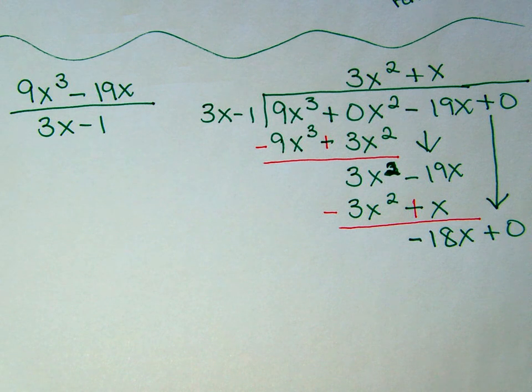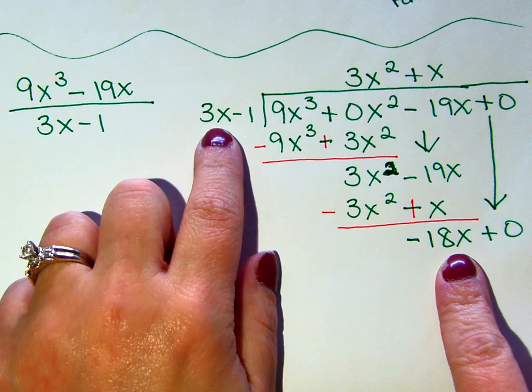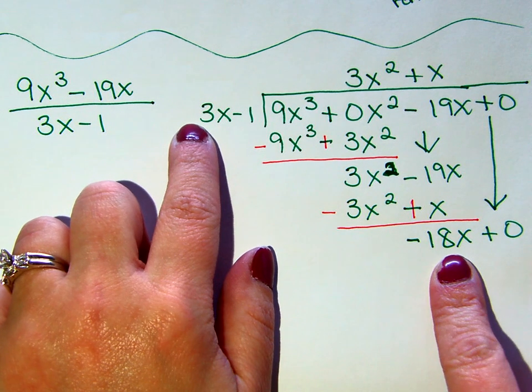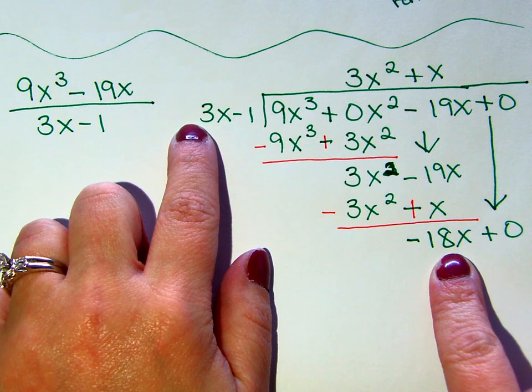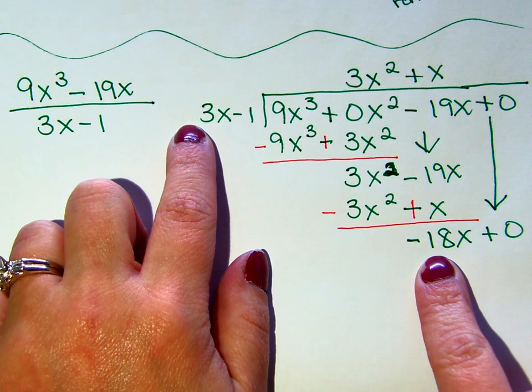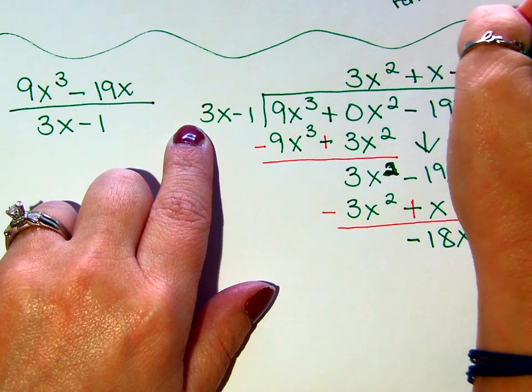The reason why we know there's still something we can do is we look here and say, okay, this is an x and this is an x, and I can still multiply 3 by something to give me negative 18. That's how I know I'm not done. So 3 times what will give me negative 18? 6. But it's got to be negative because this is a negative 18.